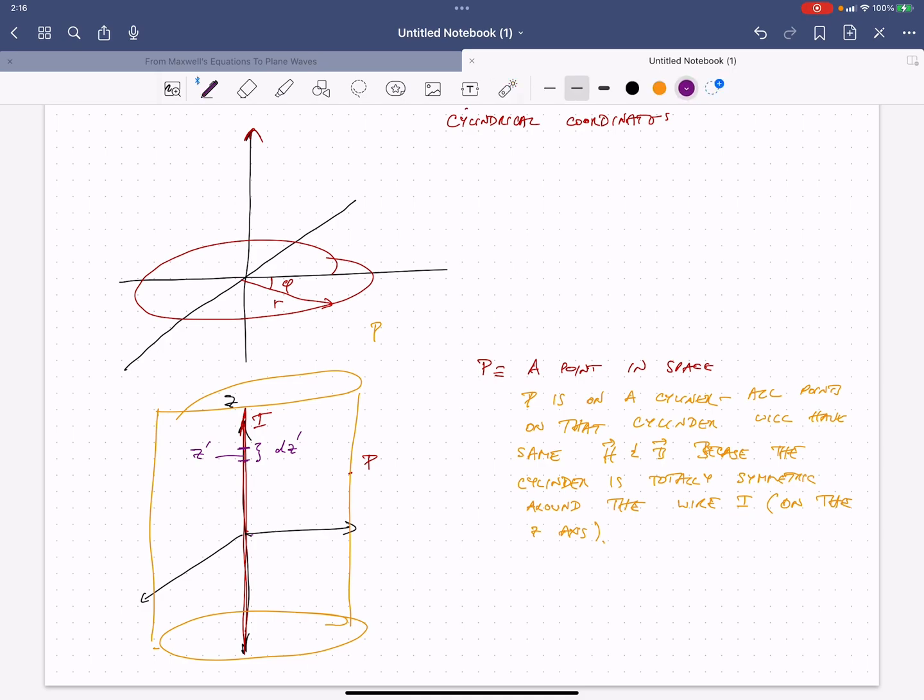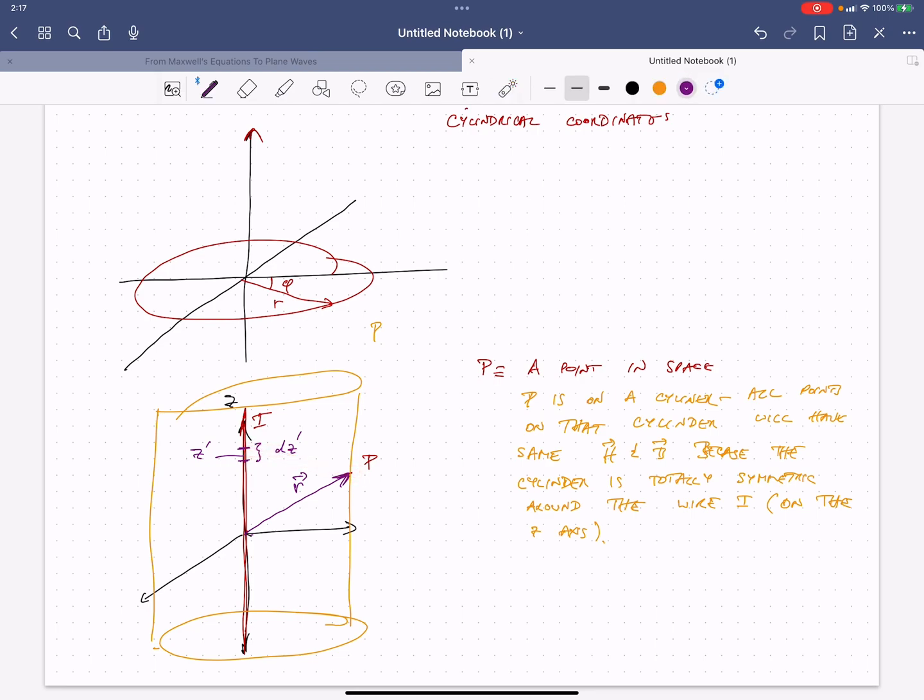Looking at where this point P is, you have the field vector, which you have to draw from here to this point P. Let's call that R. But what we really want is this other vector, so we need to find what that vector is.